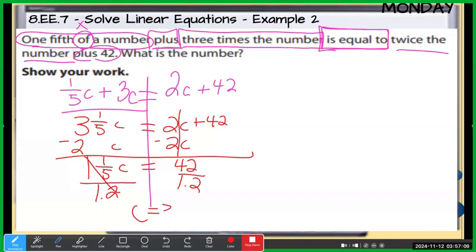Somebody check that. 42 divided by 1.2. So the number they started with was 35.